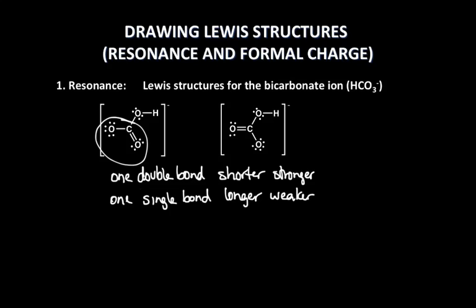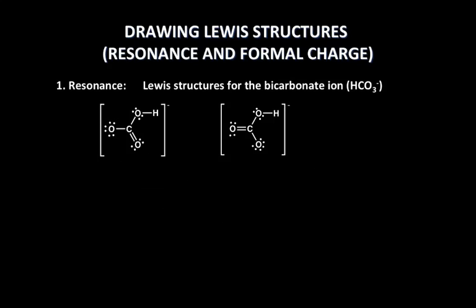But if you measure those two bonds experimentally, they are the same. There's no difference between those two bonds when you experimentally measure how short they are or how long they are. So how do we draw Lewis structures to convey the idea that those two bonds are the same? What we do is take both of those Lewis structures and put a double-ended arrow between them.